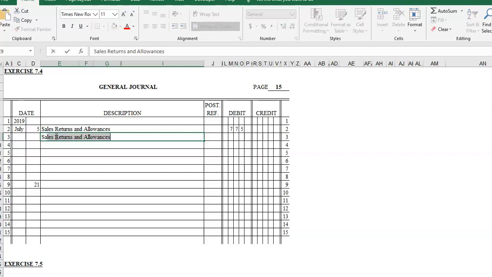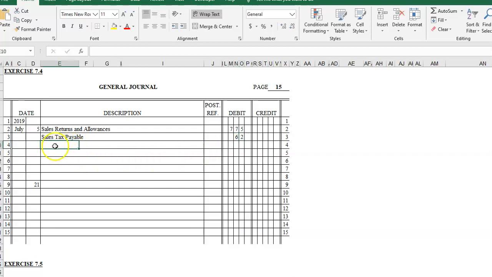That also is now a debit because you're taking it out of the credit. That was for $62. And of course, the last thing that's affected now is your credit. And that's your accounts receivable.